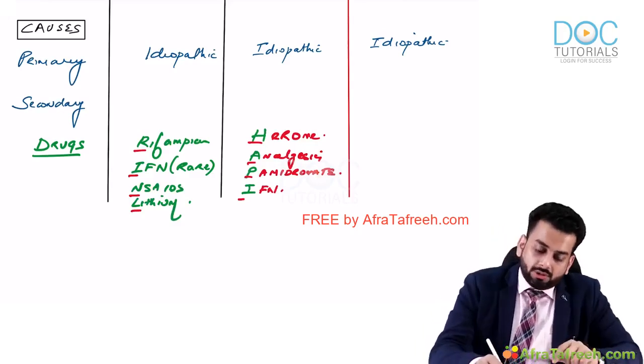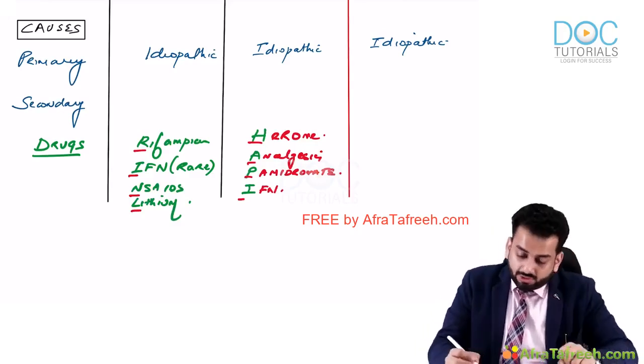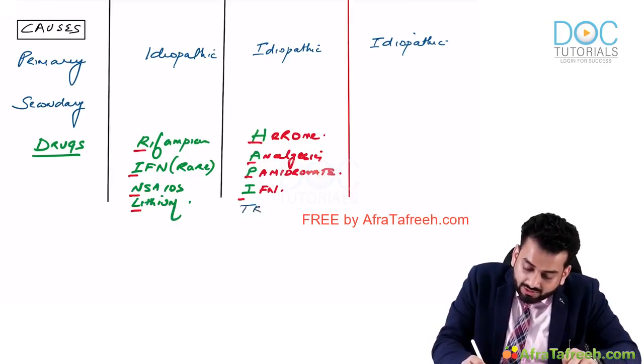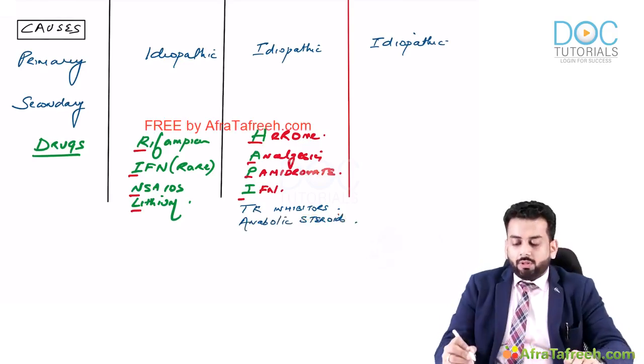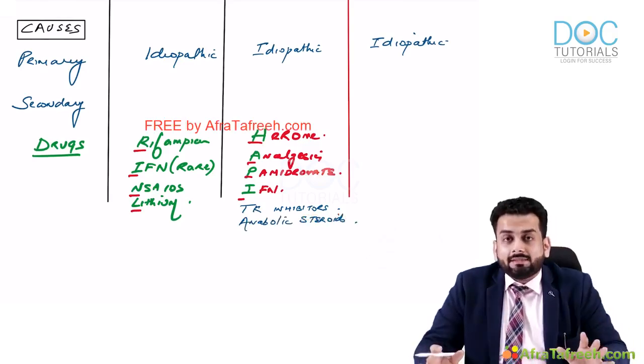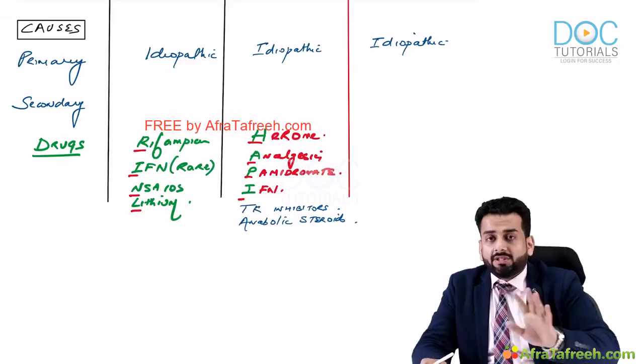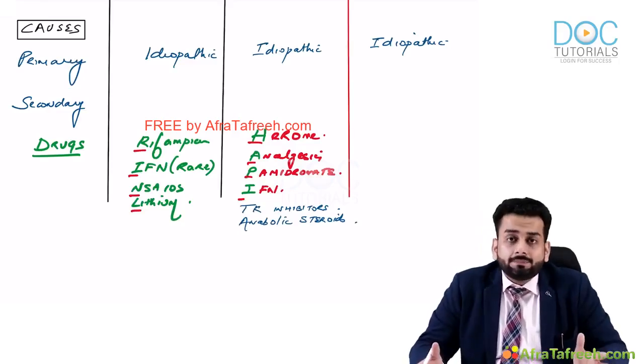Now, also certain other drugs that can be associated are tyrosine kinase inhibitors and anabolic steroids. I told you it has done all the bad things. It has done heroin, it has done anabolic steroids, and that is why he is happy.